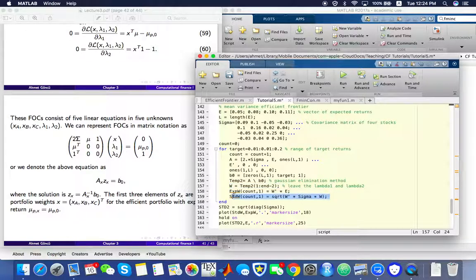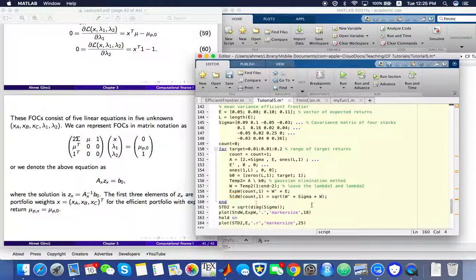And in the last 2 lines in my for loop here, I calculate the expected return of this portfolio, because now I calculated these optimal weights, W, and I can multiply with the vector of expected returns to get the expected return of this portfolio. And similarly, we can obtain the standard deviation of these portfolios that we get from the optimal weights.